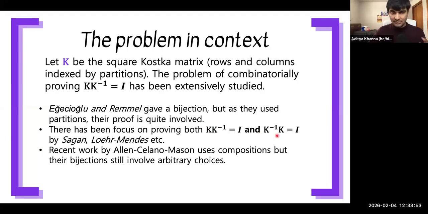We won't talk about K inverse times K. And also there is very recent work by Allen, Solano, and Mason. They use the Garsia-Milne involution, and they do use compositions. They use something non-commutative, which is fundamentally what we're also doing. But their proof actually relies on some arbitrary choices, while we claim that ours is canonical.